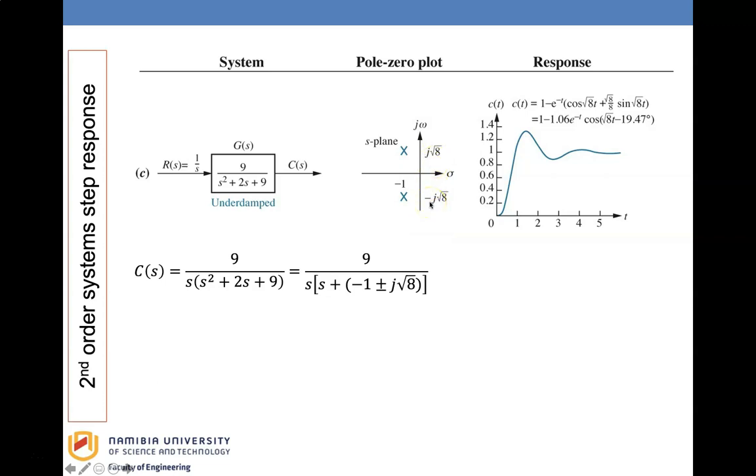The transient response is made up of an exponentially decaying amplitude generated by the real part of the system poles times the sinusoidal waveform generated by the imaginary part of the system poles. The time constant of the exponential decay is equal to the reciprocal of the real part of the system pole.